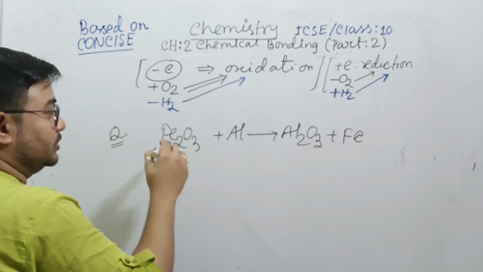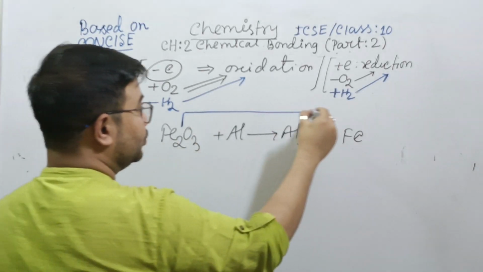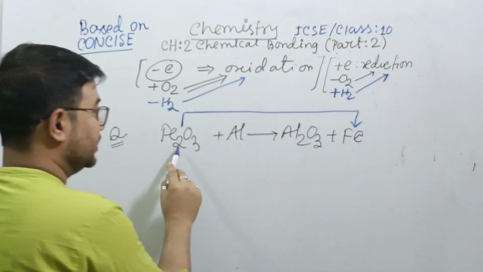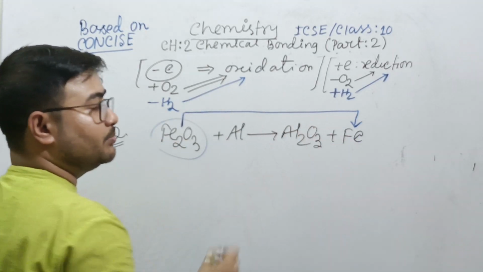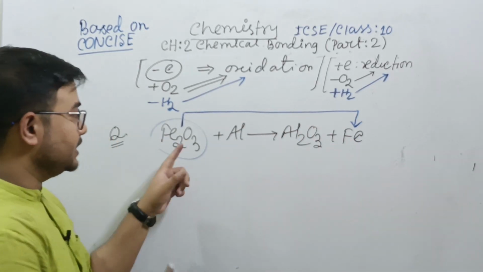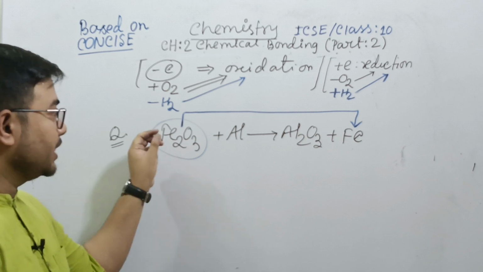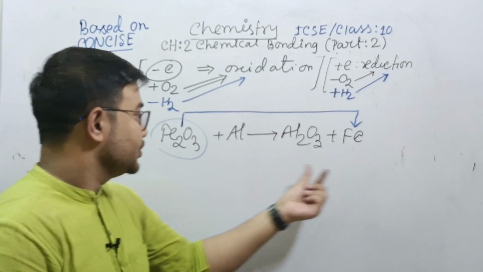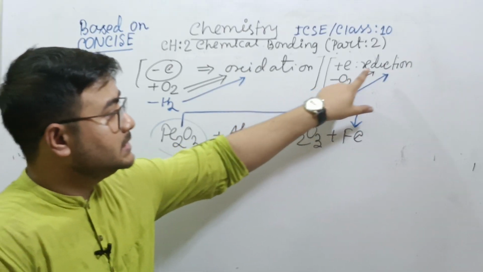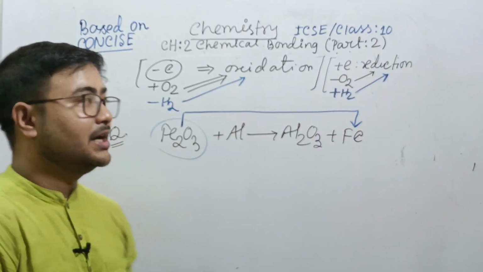Fe2O3, look at the board. Fe2O3 to Fe: here Fe2O3 loses the oxygen and becomes Fe. Here see, oxygen is there with iron, but after removal of this oxygen it becomes only iron. So removal of oxygen means what? Oxidation or reduction? Reduction.